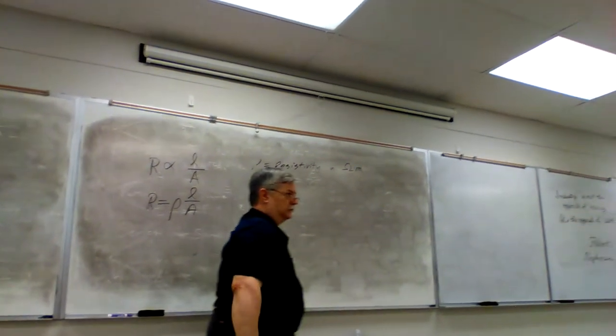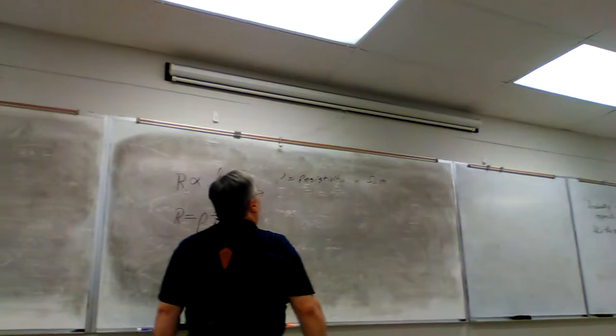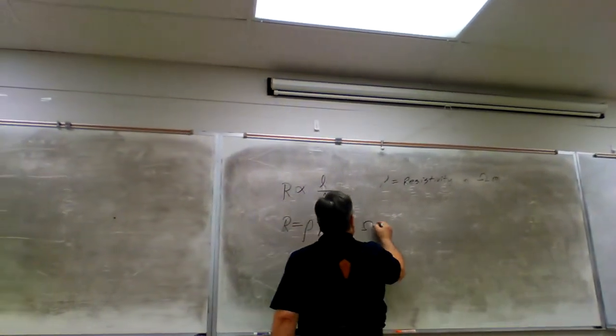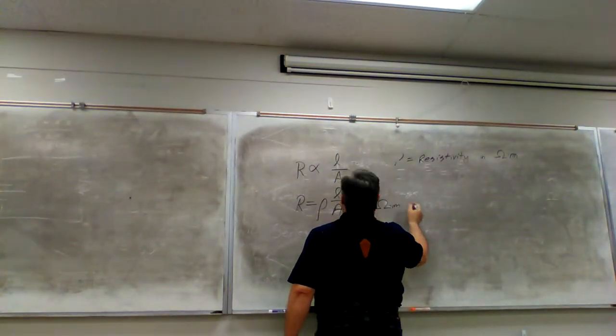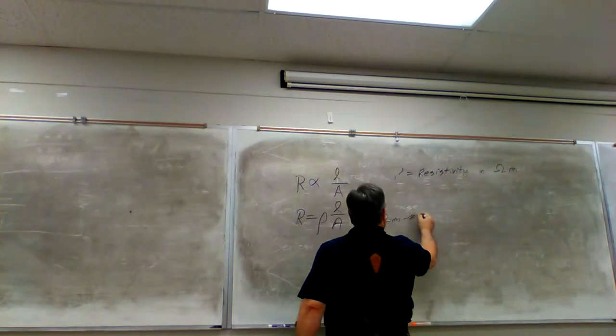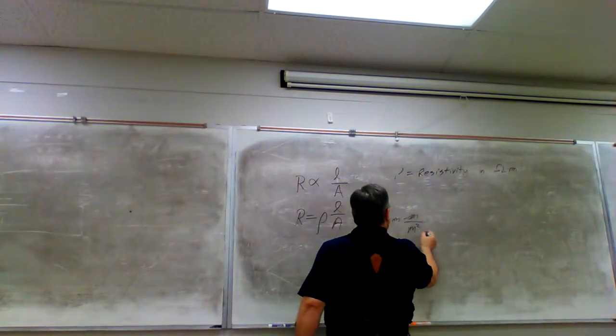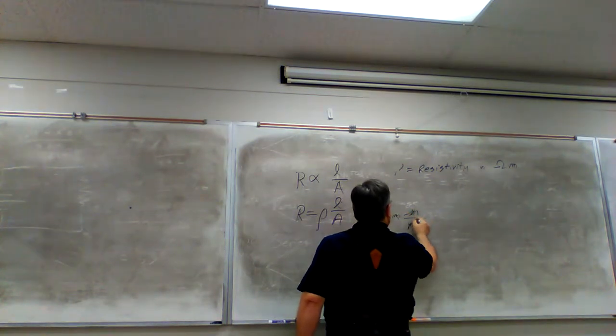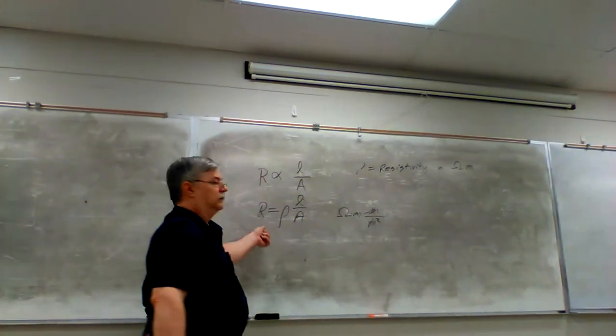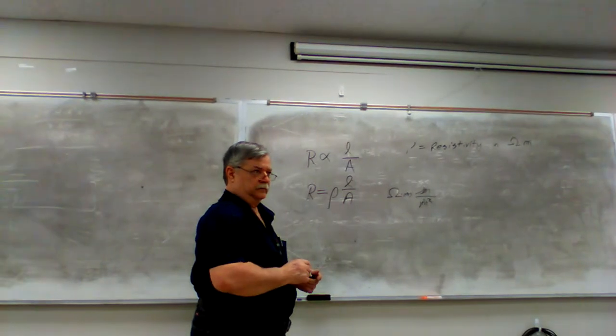Ohm meters. When you multiply ohm meters times meters divided by meters squared, you're left with ohms, which is your resistance.